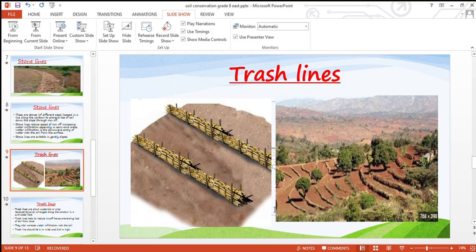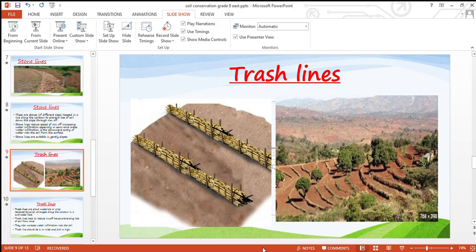Also, trash. And remember, we said trash means the plant remains in the farm. Now, when we are talking about plant remains in the farm, the ones which are heaped along the contour, they help in doing what?